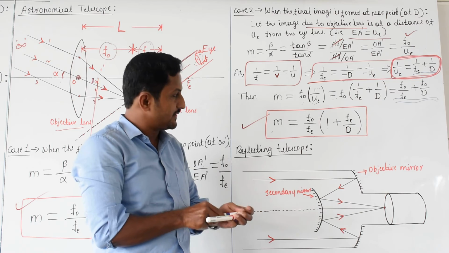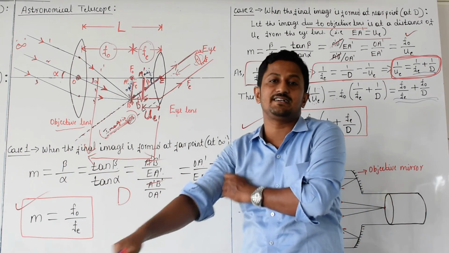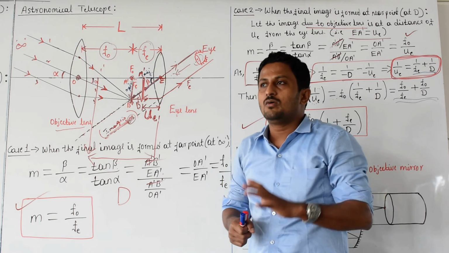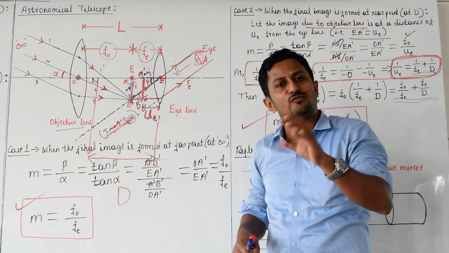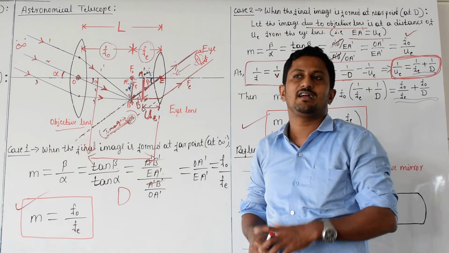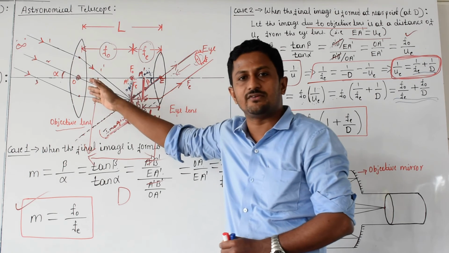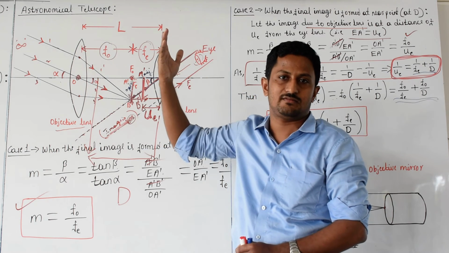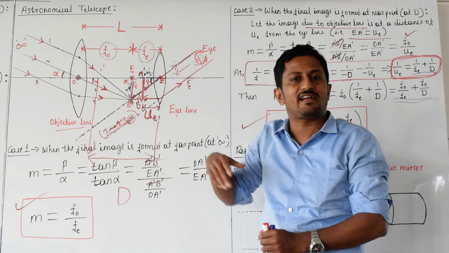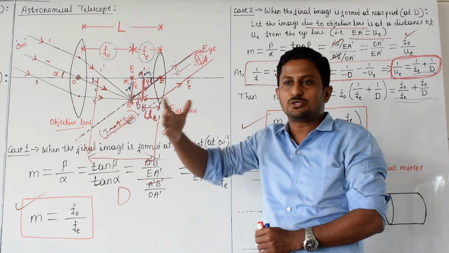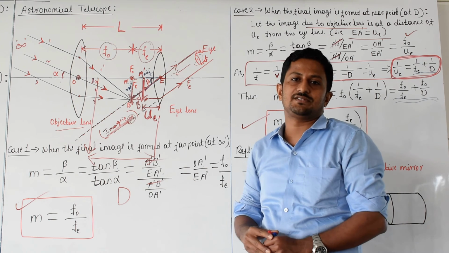Okay, see here, actually what we discussed is the refracting telescope. This refracting telescope has a few disadvantages. As I said, the aperture of the objective lens should be greater. I mean, to get that refracting telescope, there should be a big aperture objective lens.